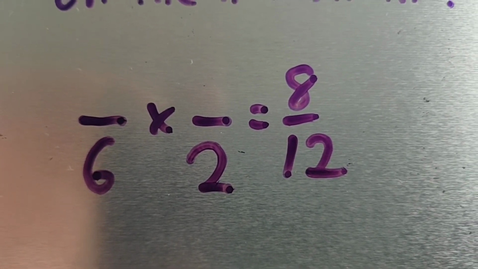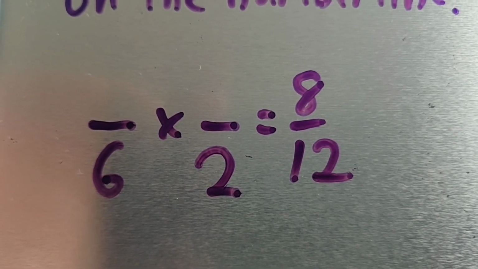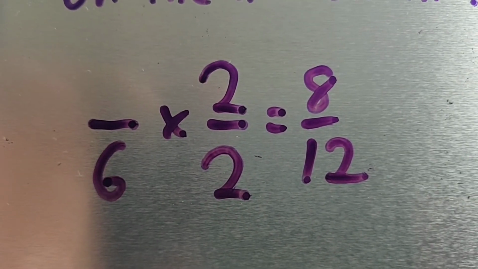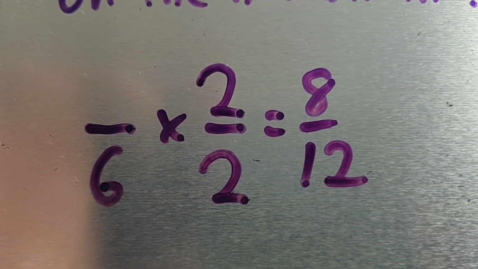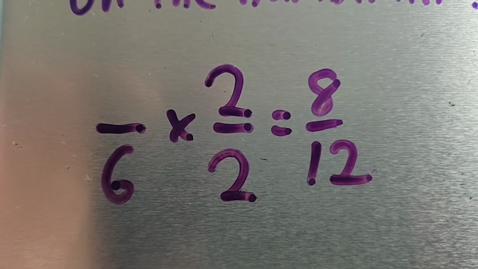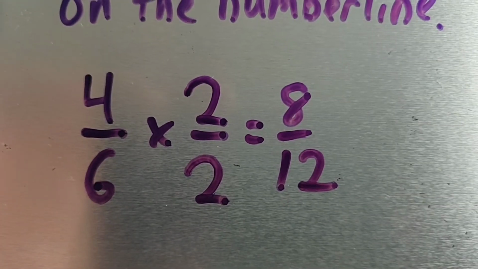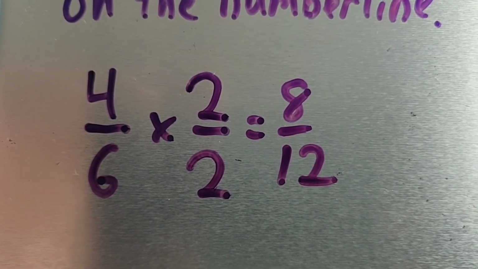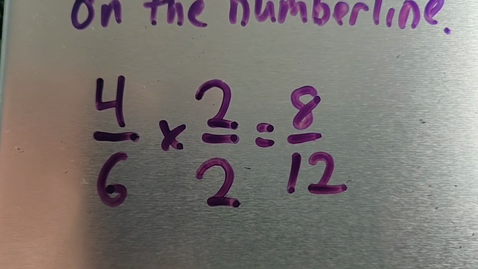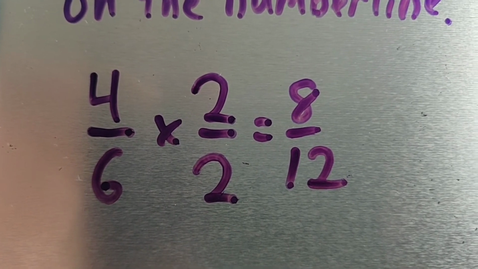And whenever we're multiplying a fraction by another fraction to get an equivalent fraction, we have to multiply by the same numerator and denominator. So in the numerator, we can ask ourselves now, what times 2 equals 8? Well, 4 times 2 equals 8. So 4/6 is equivalent to 8/12ths. And we can plot 8/12ths next to 4/6 on the number line.